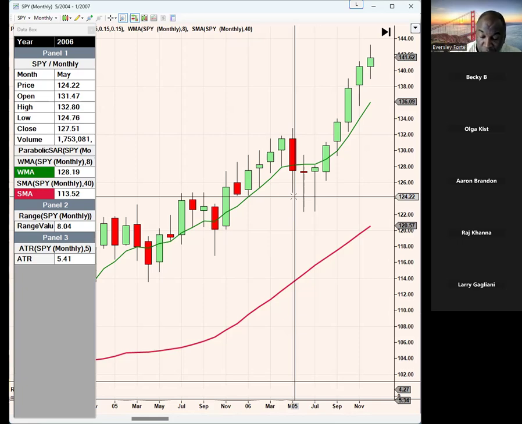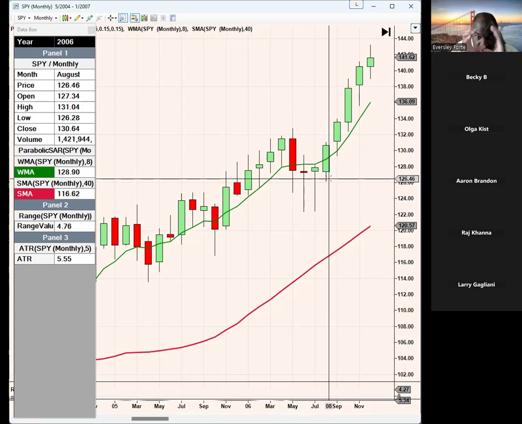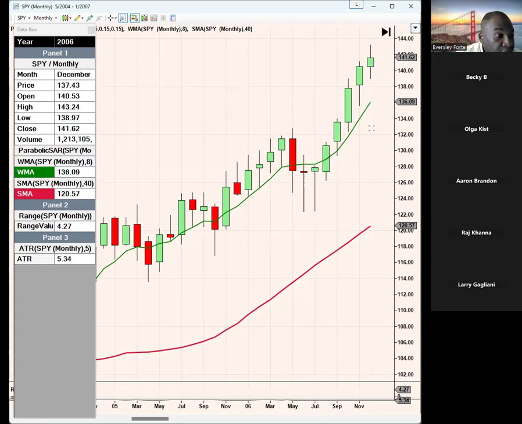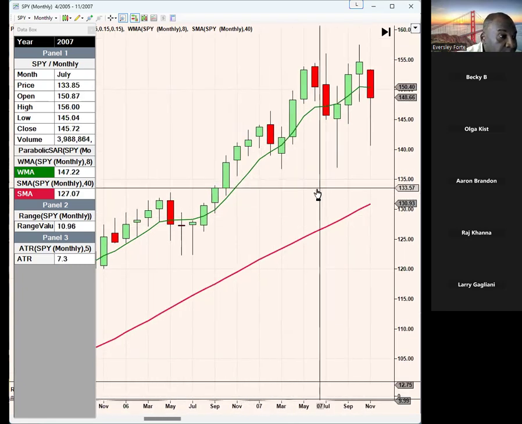Knowing the big picture lets you get bigger moves. Going intraday doesn't help you get bigger moves; that helps you minimize how much you're going to make. You want to look at the big picture, look for the big pullback, look for the big moves on a bigger time frame, not a smaller time frame.